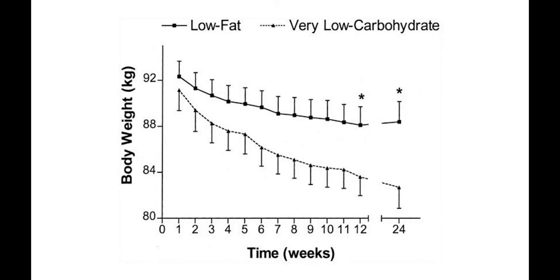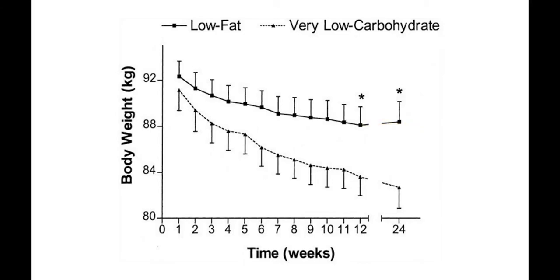If we look at body weight in the situation of a low fat and low energy, low calorie diet, we see that yes, weight is dropping, but then it gets stabilized. Why does it get stabilized?